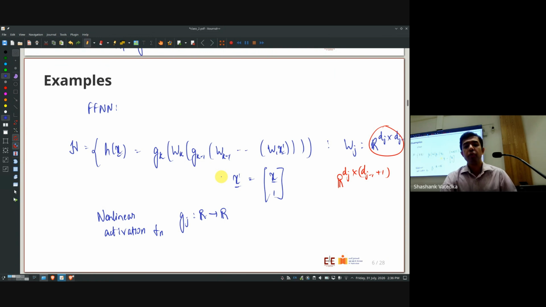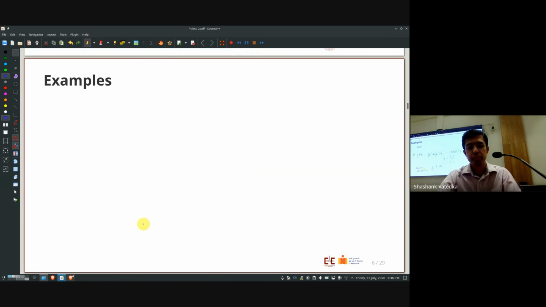We also defined the so-called feed-forward neural networks, which we'll look at in more detail later in the course. They are just a sequence of compositions of linear transformations followed by component-wise nonlinearities, which are called activations. You should keep this in mind as we go through the course.